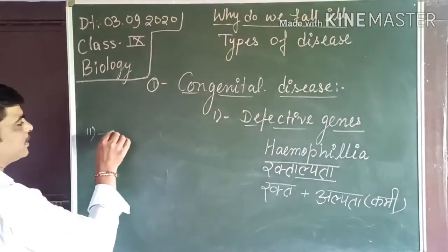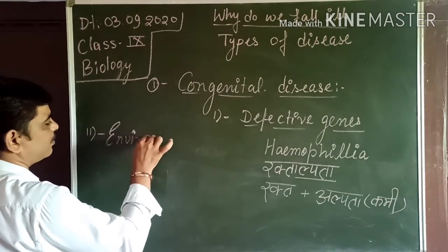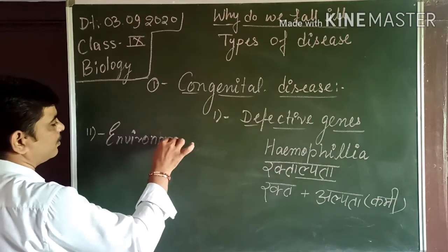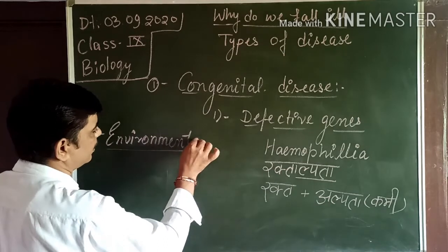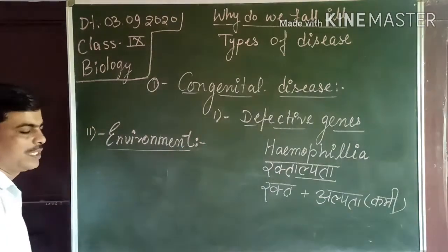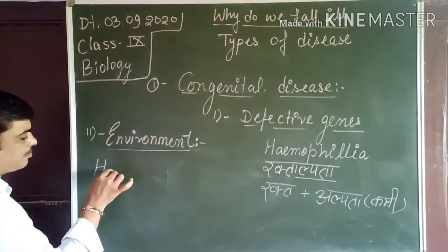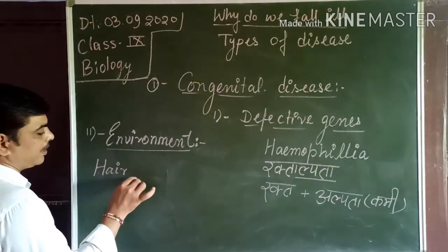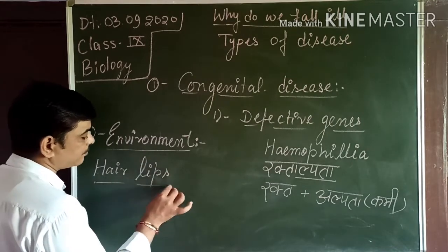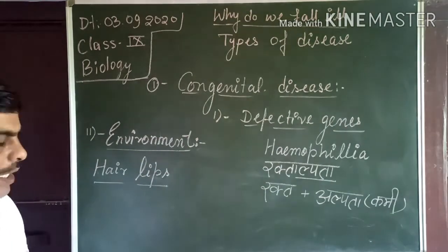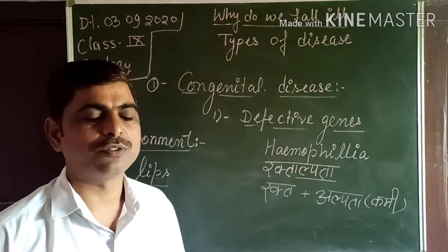Second type of disease can be environmental, in which the environment the child is born and remains in during the pregnancy period. Okay, you can take here the example of hare lip. Okay, hare lip means the lips will be very narrow, thin.